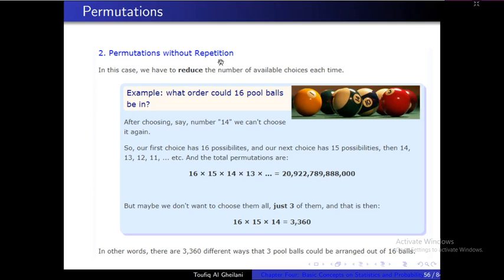Permutations without repetition. In this case, we have to reduce the number of available choices each time. Example, what order could 16 balls be in? After choosing, say, number 14, we cannot choose it again.